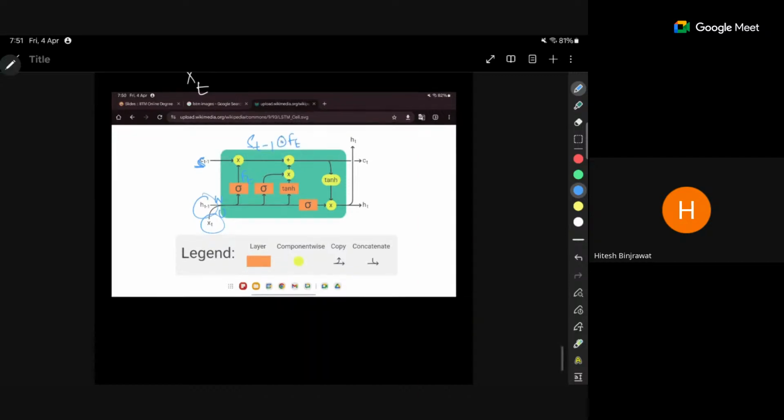Same thing. Now you send ht minus one and xt again to both of these. One is sigmoid and another is tanh, but you can consider sigmoid also, that's what is being used in lectures. So sigmoid layers, and this also you can consider sigmoid.